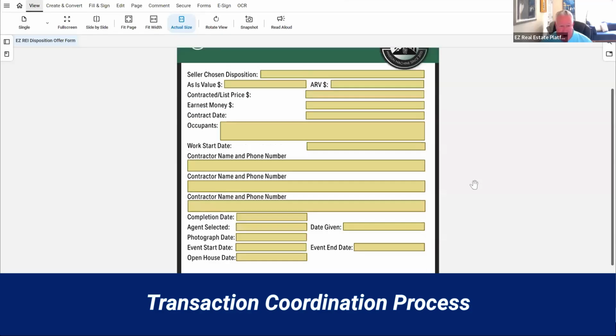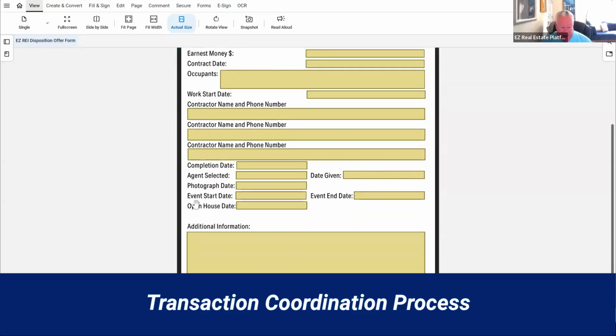When he submits it back over to whoever, when he talks to the seller, they'll pick what they want. That'll be put in here. You guys will get the as-is value, the ARV, and the contracted price. So all of this is the stuff that will be coming over with the purchase sale agreement of the investor, along with the additional information.